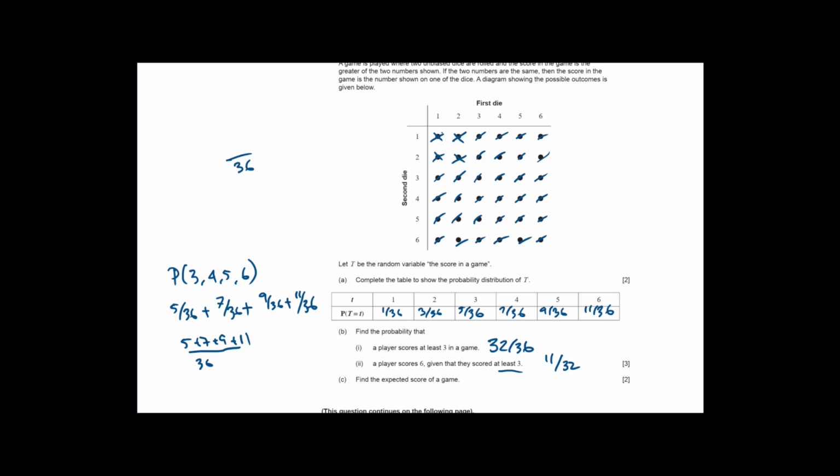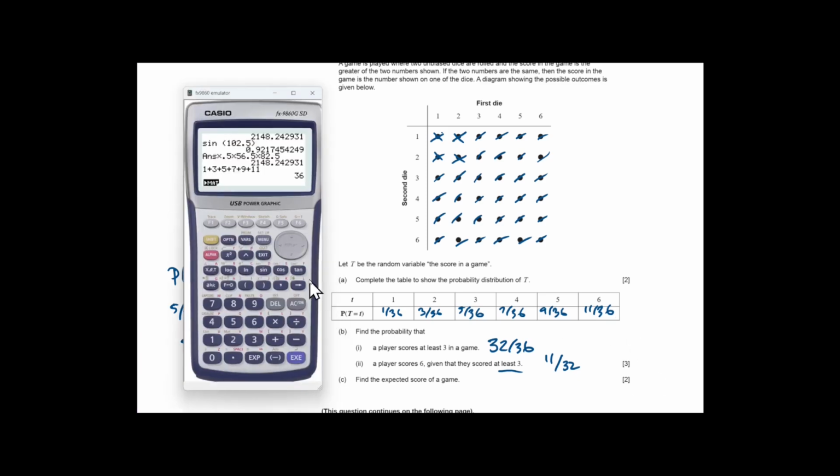Alright, so find the expected score of the game. So that's going to be the outcome times the probability all added up. Show you what I mean.